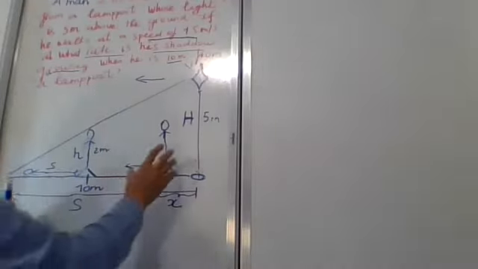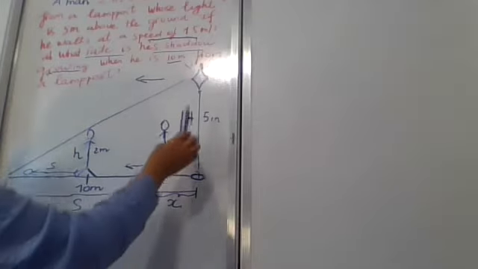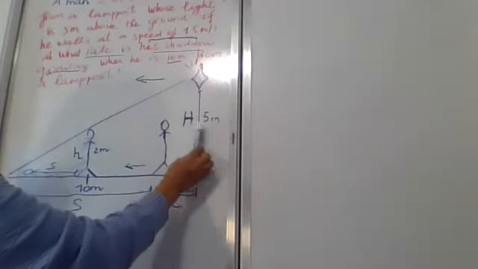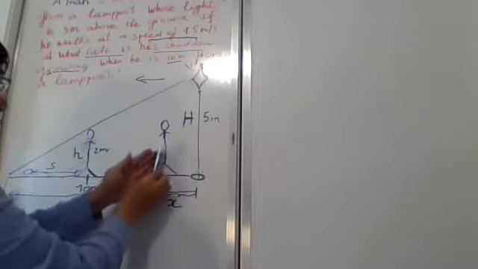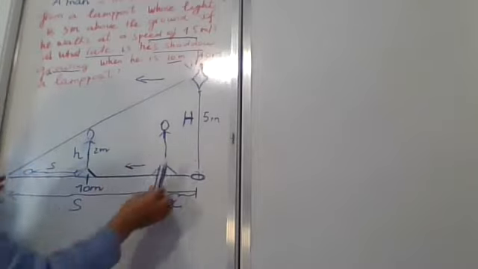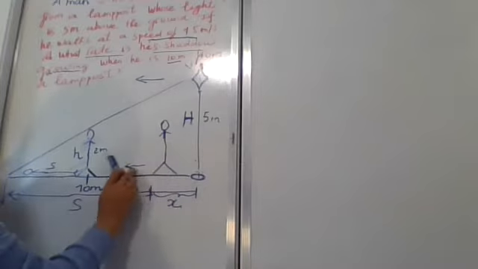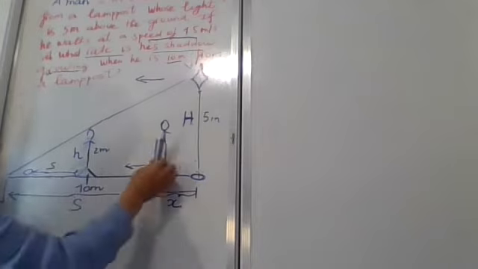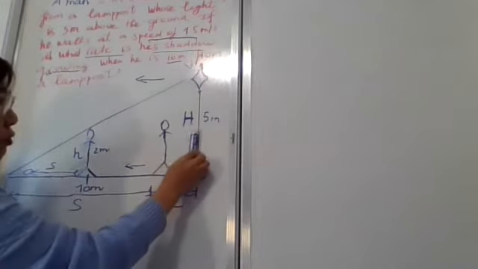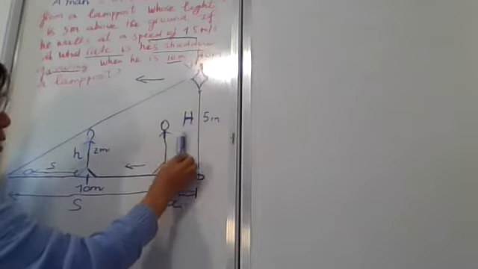So I draw an image: this is the lamp with the height of 5 meters, and this is a man with the height of 2 meters, and he walks away. This arrow shows the direction of his walking. Let's say he stands right here, very close to the lamppost.